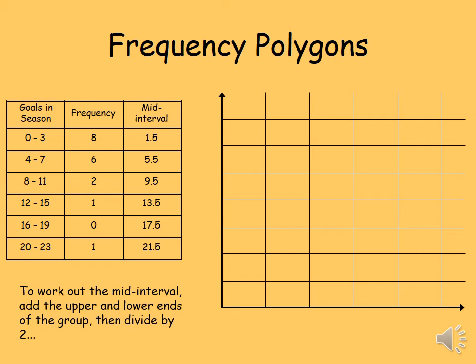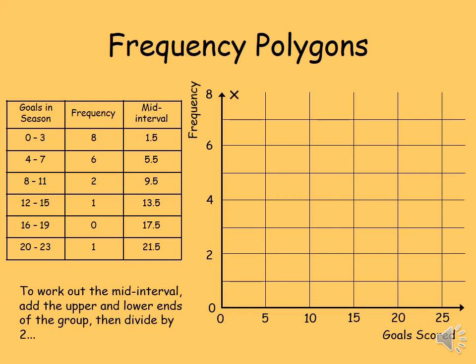Okay, I'm about to plot these values then, viewers. So we have frequency on this side, so I've chosen my scale, and the goals scored on this side. Again, I've chosen a scale, and let's plot each of these values.